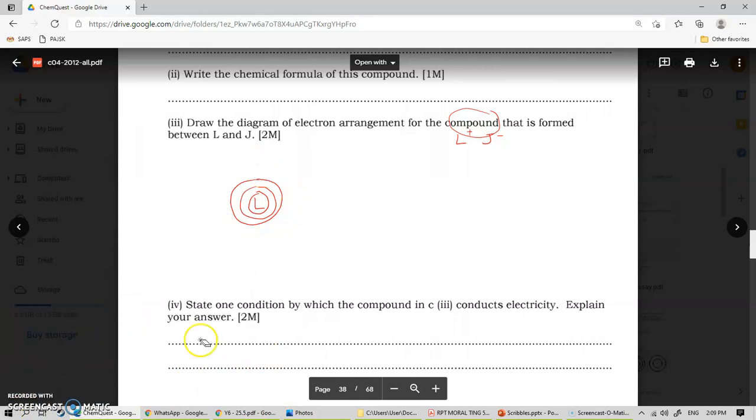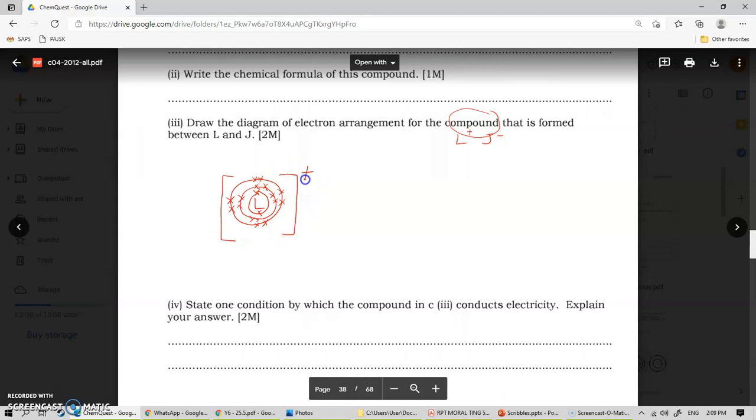We want to erase the outermost shell. So this will be 2, 8, 8. Now it has become an ion, so we have to draw a square bracket to show that it's a positive ion.